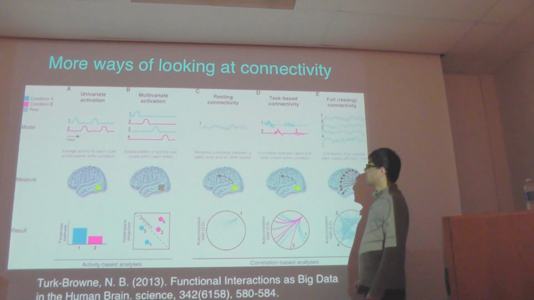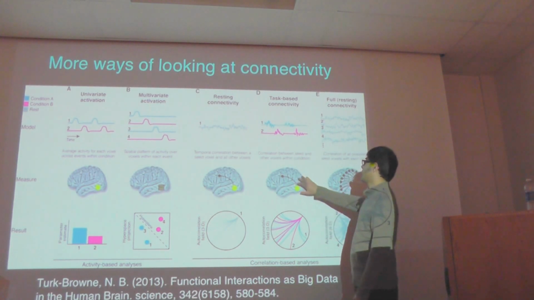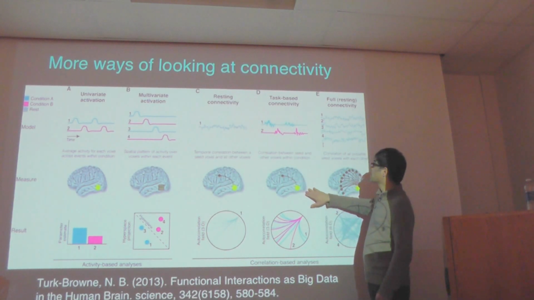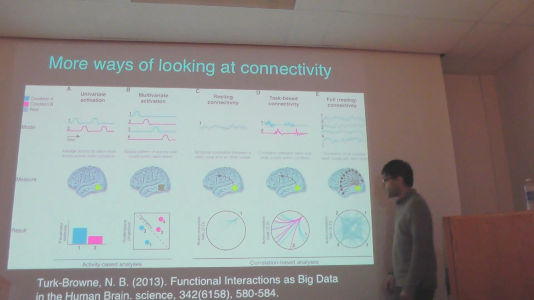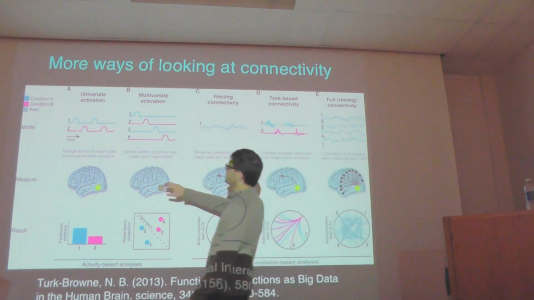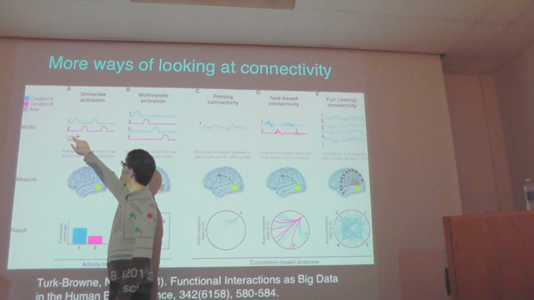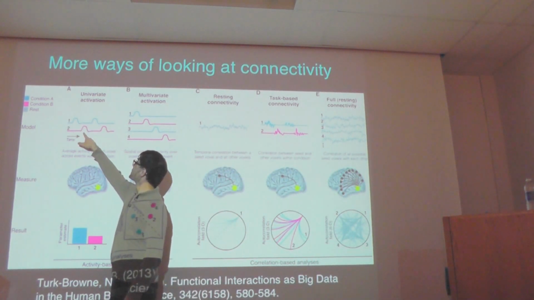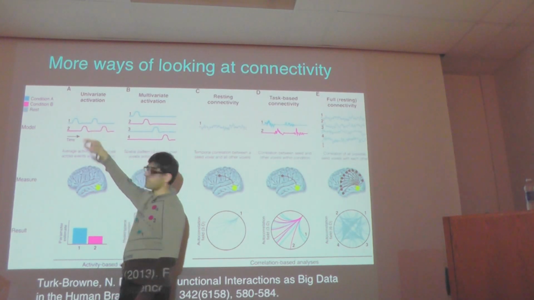Another thing you can do is look at how time courses of voxels correlate with each other where you actually get someone to do a task. Say condition 1 comes on here and here, and condition 2 comes on here and here.